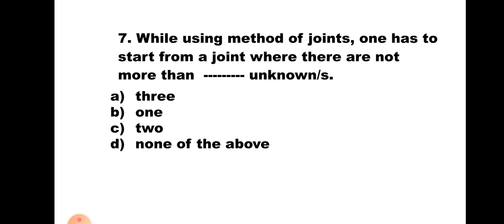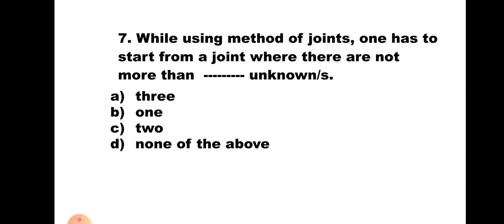You have to draw the free body diagram of a joint, but you have to start from a joint where there are not more than two unknowns, because that joint is in equilibrium under the action of coplanar concurrent forces. For concurrent forces, only two equations of equilibrium are available, that is summation of horizontal components equal to 0 and summation of vertical components equal to 0.